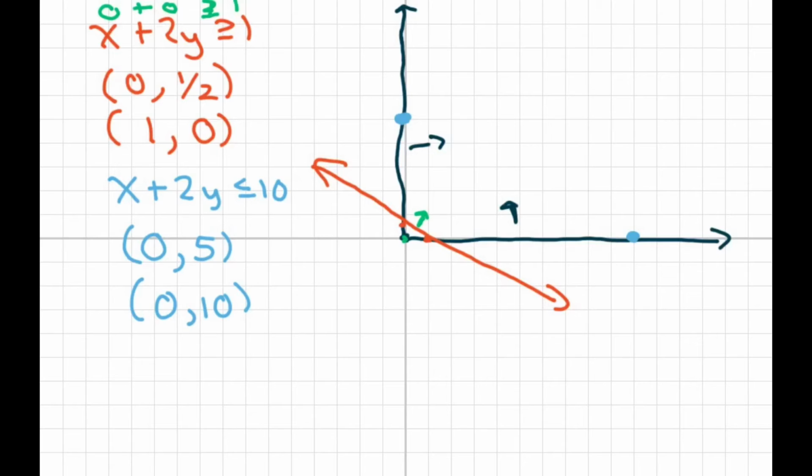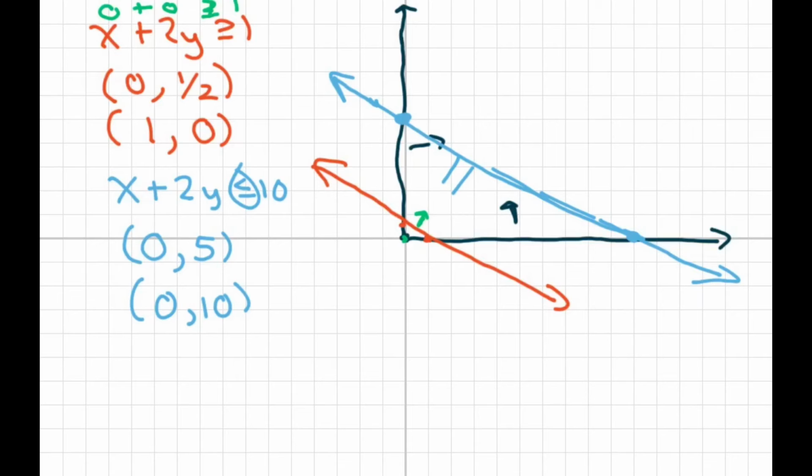Something like that. Get the idea. And it says it's less than or equal to 10. So anytime it says less than, that means you're going to shade down or left.